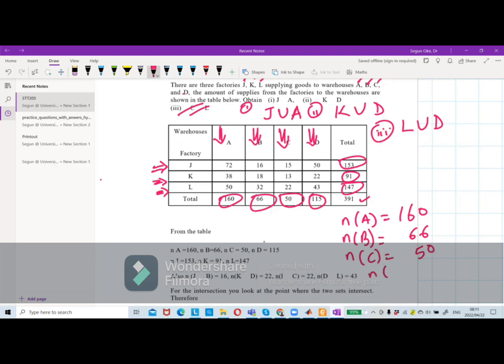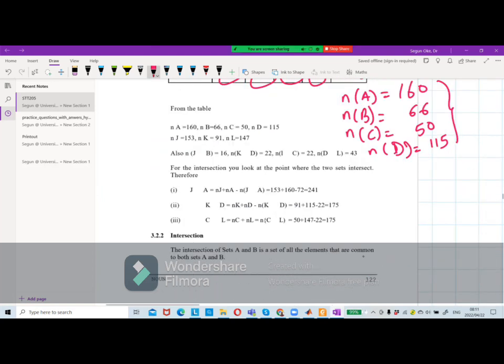Then the number of D is 115. So let's take note of this. Then what is the number of J? Our J factory, the number of J factory is 153. The number of K is 91, and the number of L is 147.